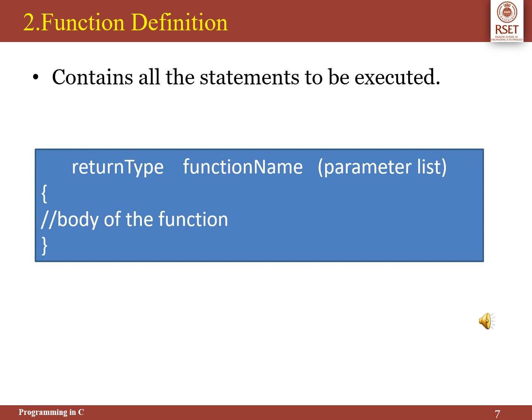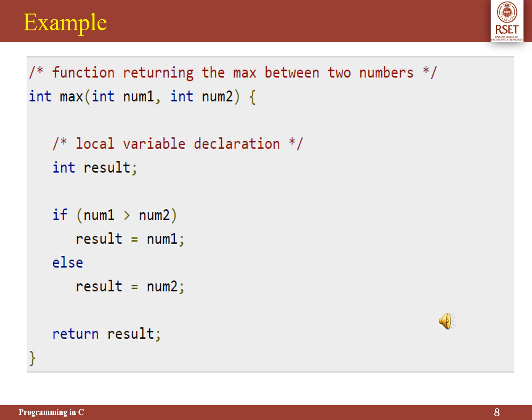That is, it contains all the executable statements. We will define the function inside the function definition. The example shows the source code for a function called max. This function takes two parameters, num1 and num2, and returns the maximum value between the two parameters.